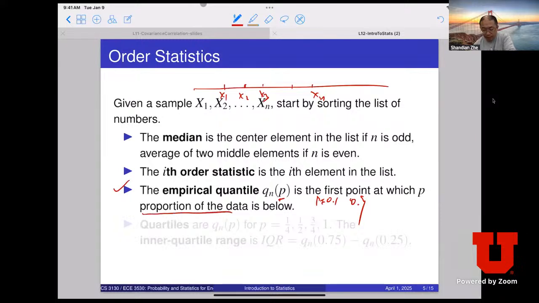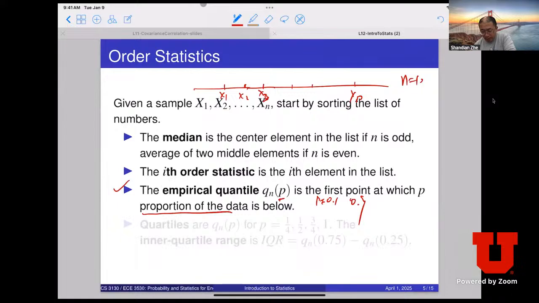So basically, suppose n is equal to 10, and your X1 through X10 are sorted.